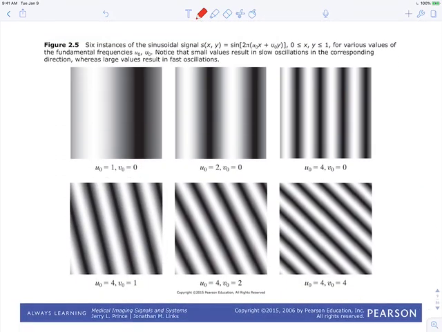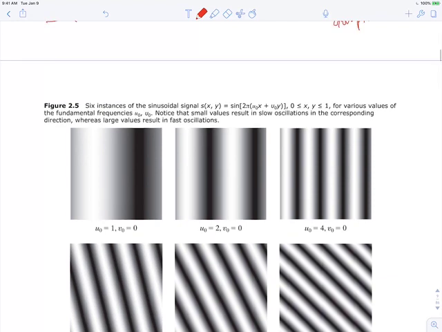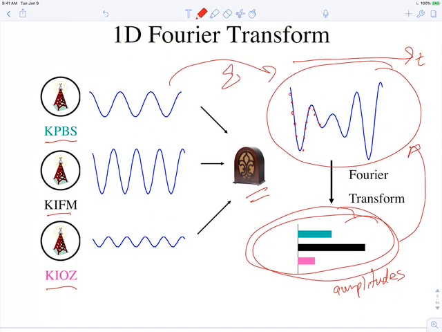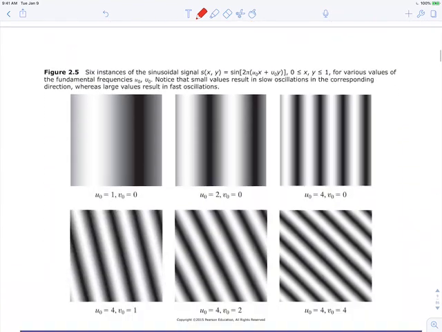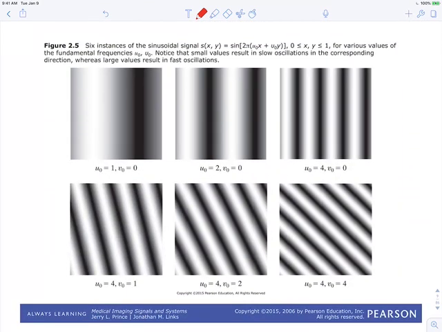So in 1D it's pretty easy to think about sinusoids adding up, because the only things you have are the frequency of the sinusoids and their amplitude. For 2D, it takes a little more time to think about what frequency is, and so these are examples of different spatial frequencies.